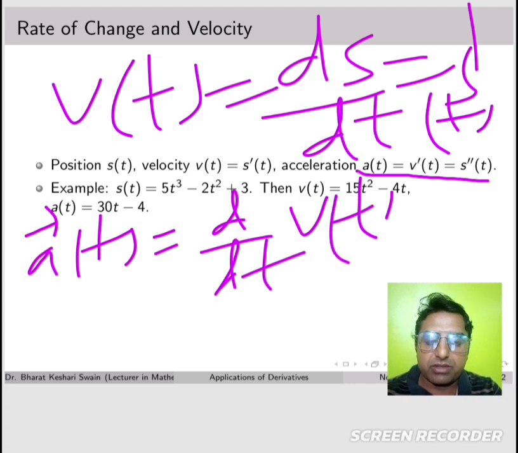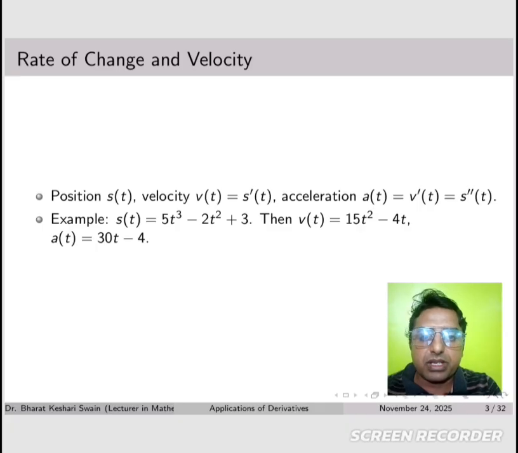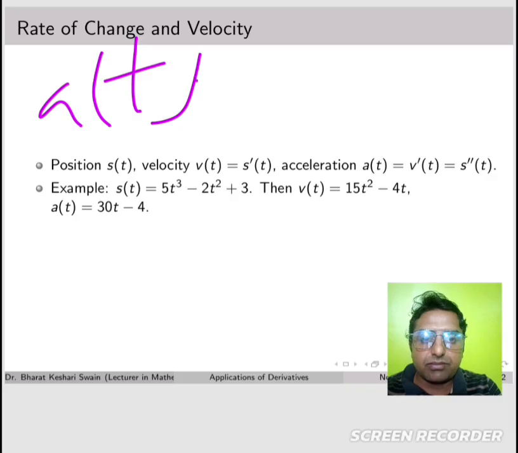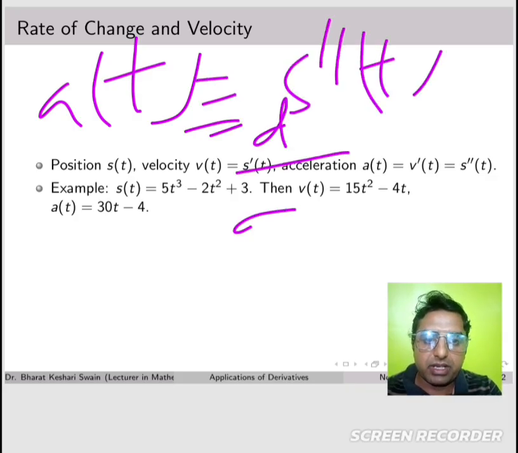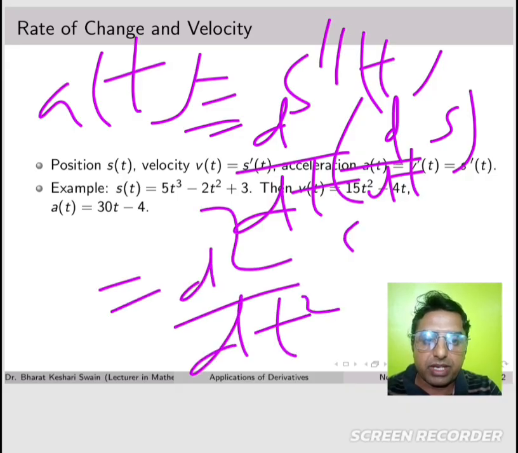Since velocity is s dash, we can write this as d by dt of ds by dt. So a of t will be s double dash t, because this is the second derivative: d by dt, again d by dt of s, that is d square by dt square of s of t.